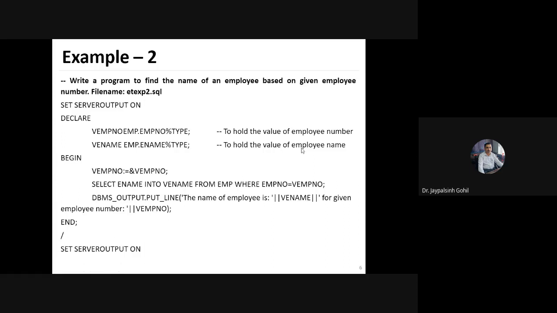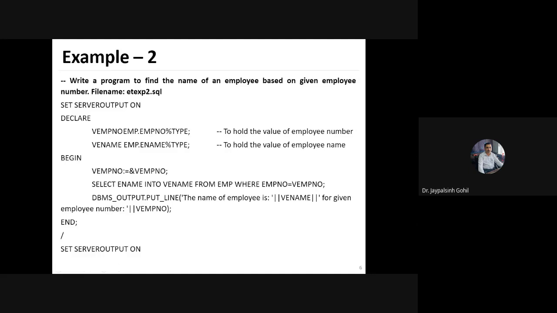So I'm searching for an employee based on employee number. Whatever employee number is given by the user, the name of that employee will be given as the output. That is the simple program I want to code here.